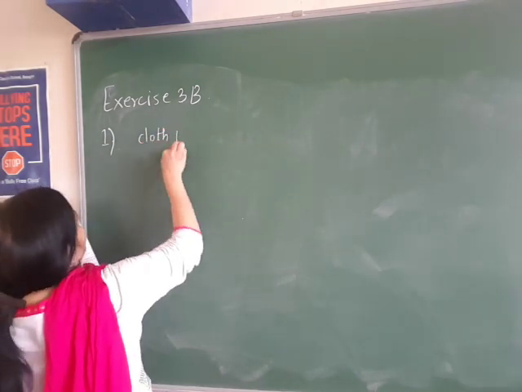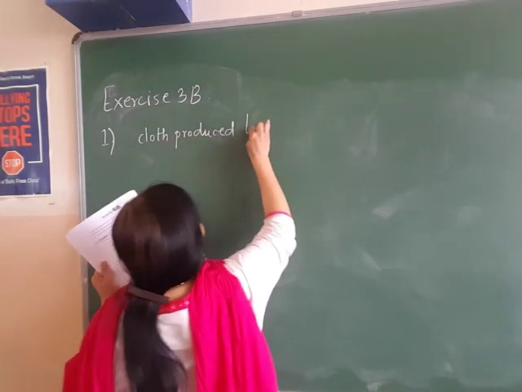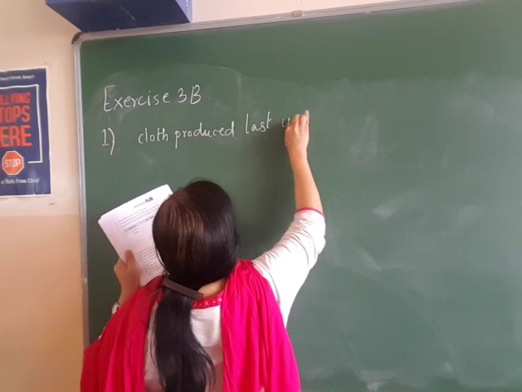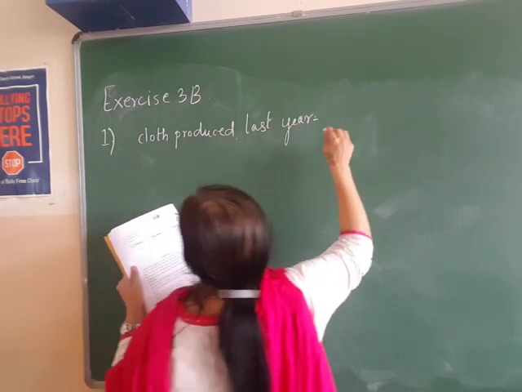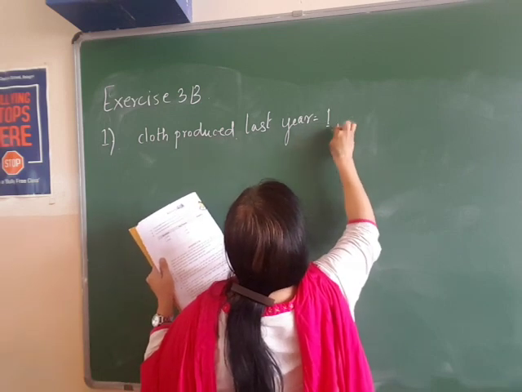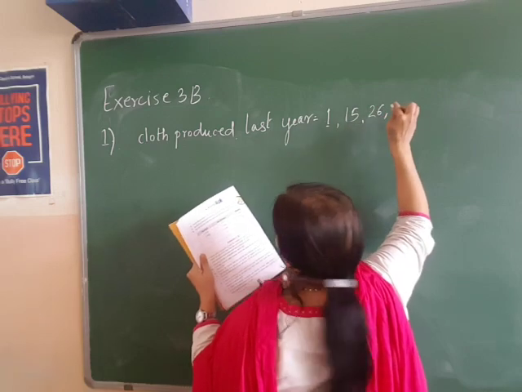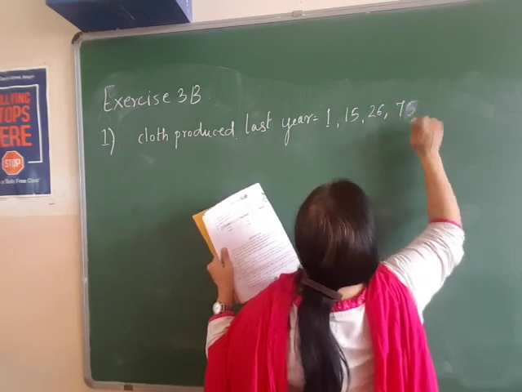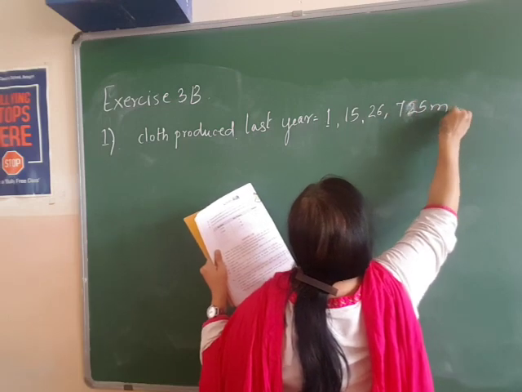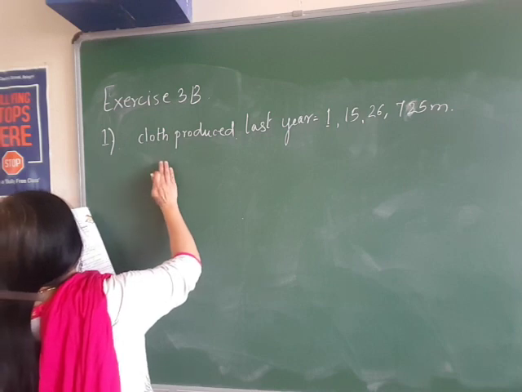Cloth produced last year is equal to 1 crore 15 lakhs 26,725 meters. Okay, next. So this is last year.